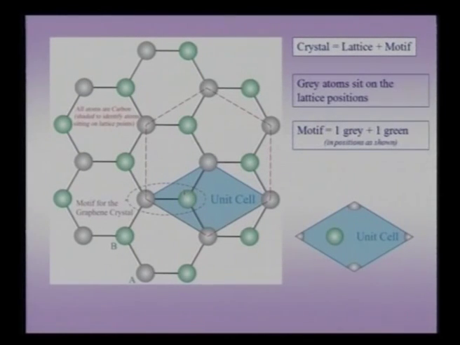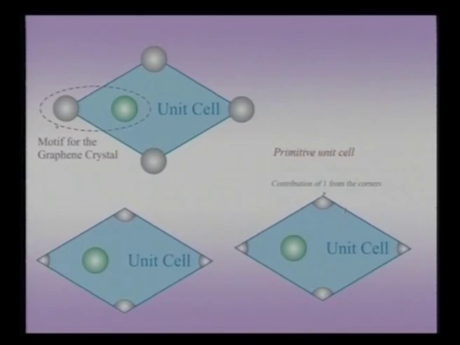Now for clarity, let me draw this unit cell separately. So this is my unit cell. Let me go down to the next picture, wherein I have these full carbon entities shown. So I have my unit cell, I have my motif which is now decorating this lattice which is in the shape of this rhombus, and this is now the 120-degree rhombus.